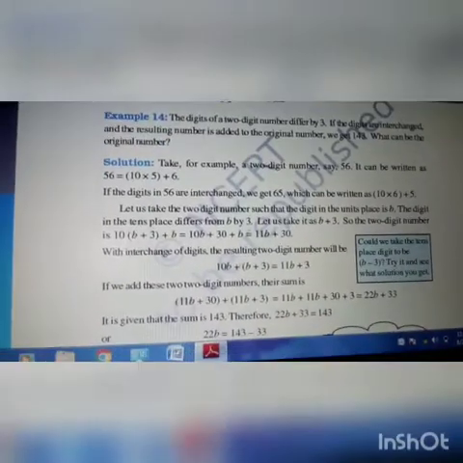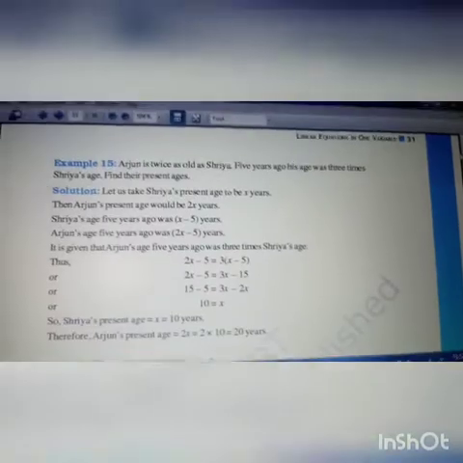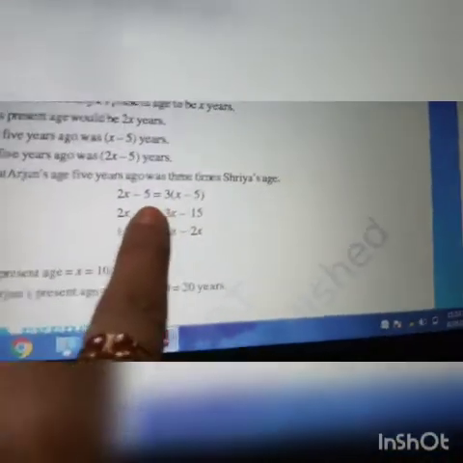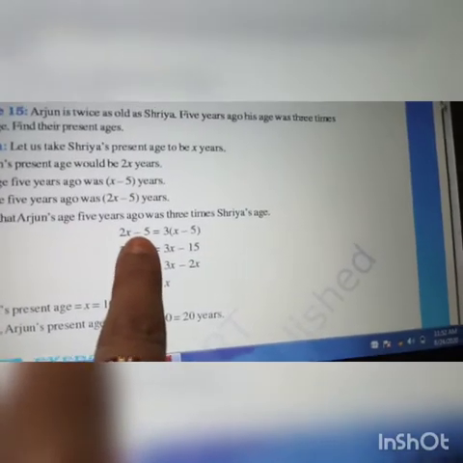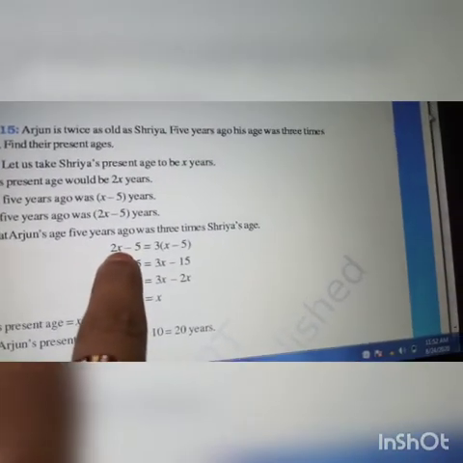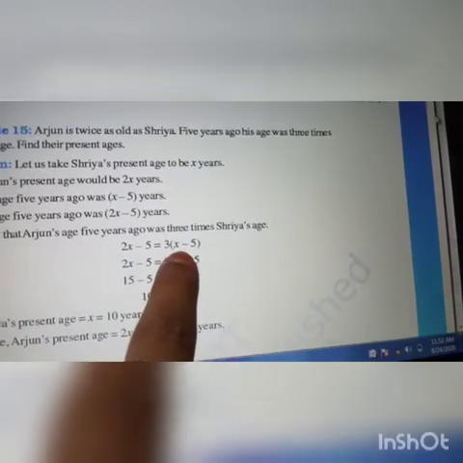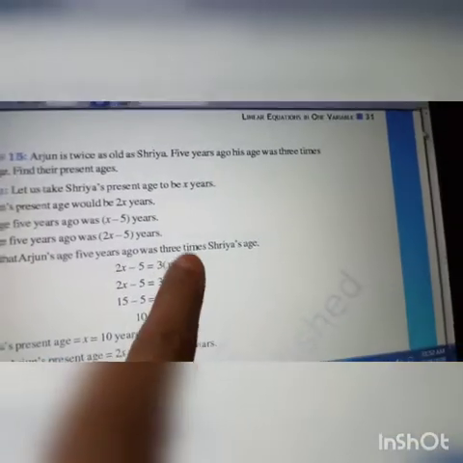Then as usual solve, find the answer for that variable, and check the answers. See here in this also, this is the equation we have framed. Here 2x, x is on this side also and x is on this side also. So both sides we have a variable.